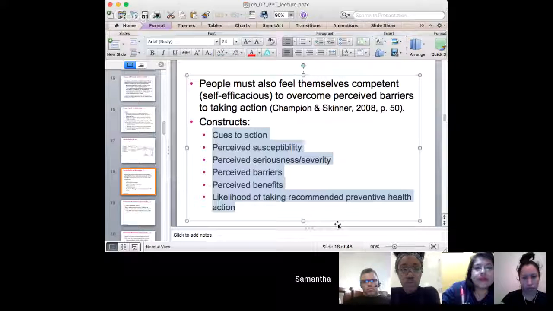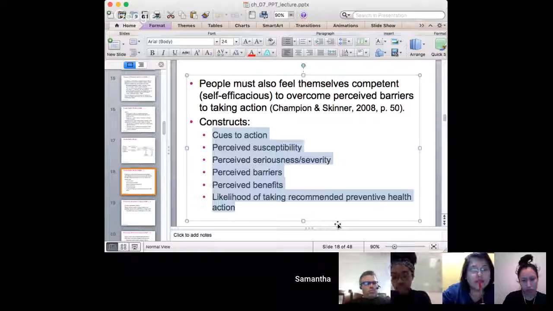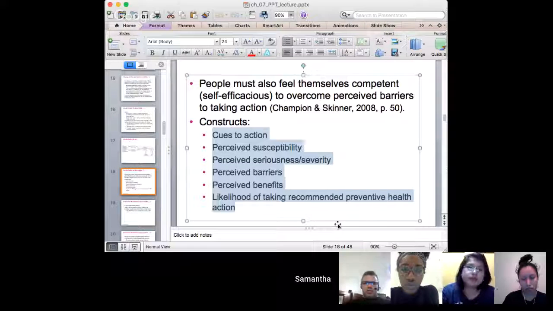Like for me, I don't fear getting the Zika virus because I'm not in an area that has it. But if I were in Sao Paulo, Brazil, then I would get the vaccination. Yeah, I would get that because I would feel more susceptible.